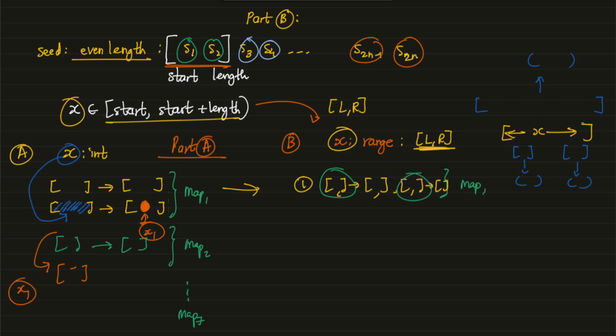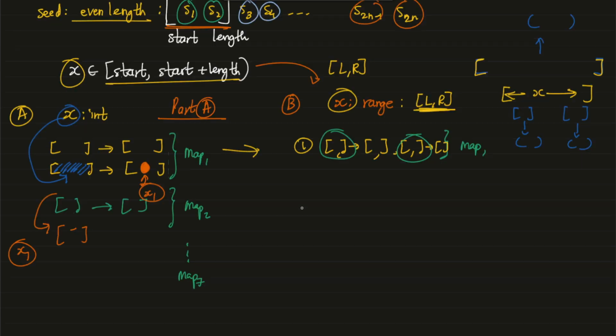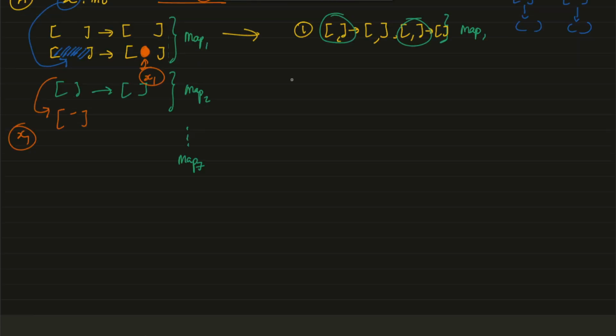So for the first mapping, if these are the possible mappings that we need to look at, then let's see how x changes. Let's say x was this large range, and we had these mappings, let's say these.